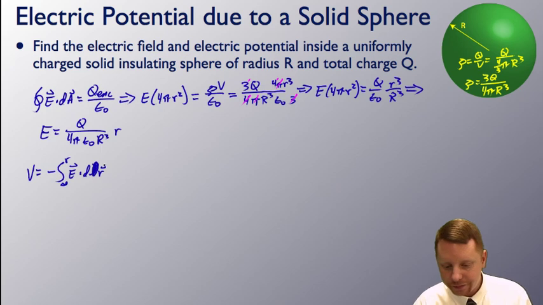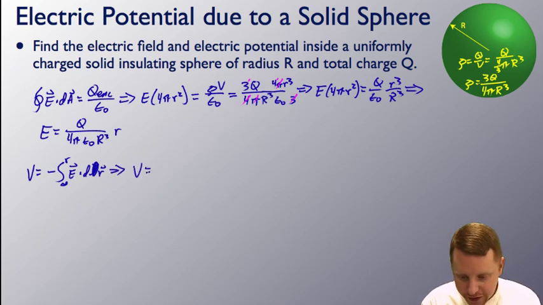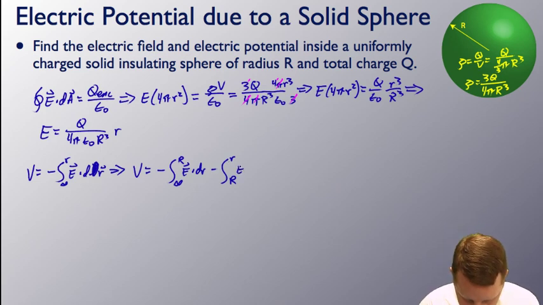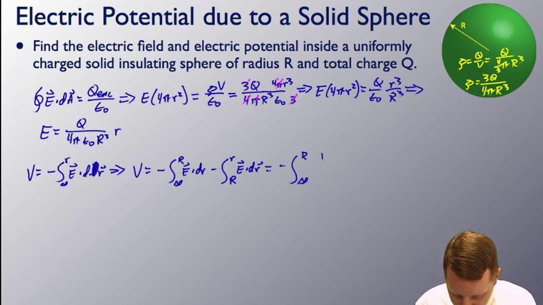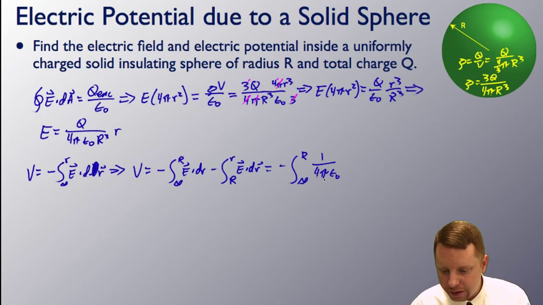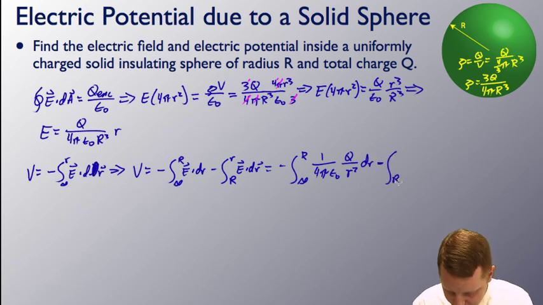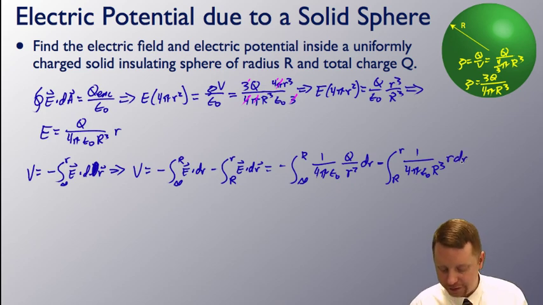If we do that piecewise, our potential is minus the integral from infinity to capital R of 1 over 4 pi epsilon 0 times Q over r squared dr, minus the integral from capital R to r of 1 over 4 pi epsilon 0 times Q over capital R cubed times r dr, our electric field inside that sphere.